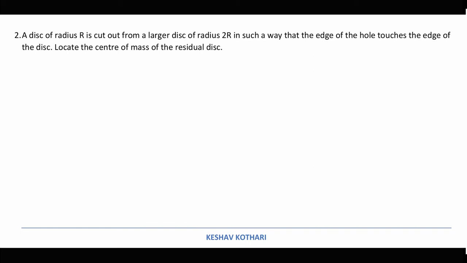So if we consider this particular problem, we are considering it in this way that we have a large disk somewhat like this, and from here a portion is cut off, so the residual disk that is remaining is this one.